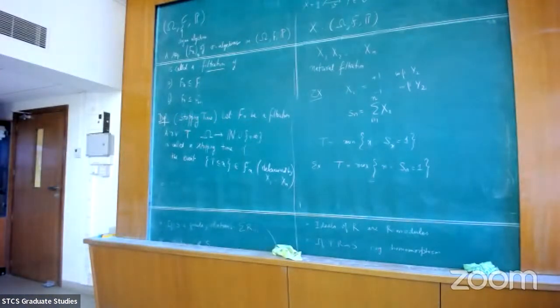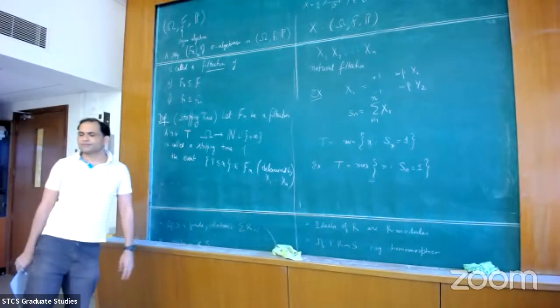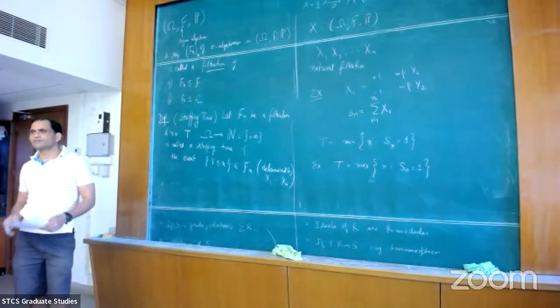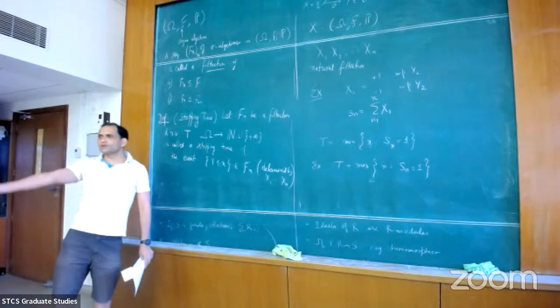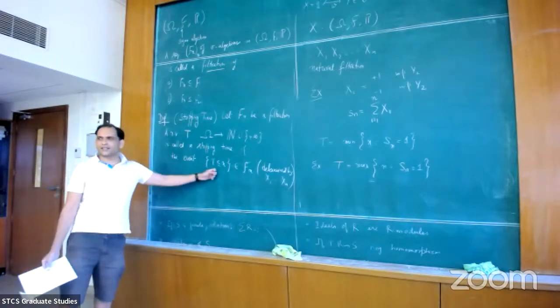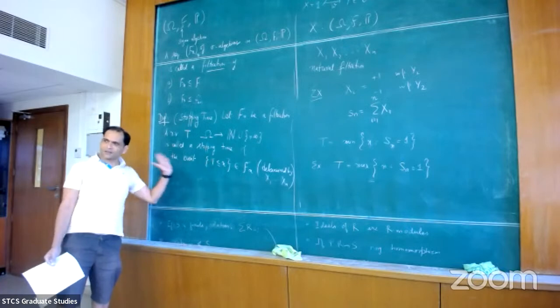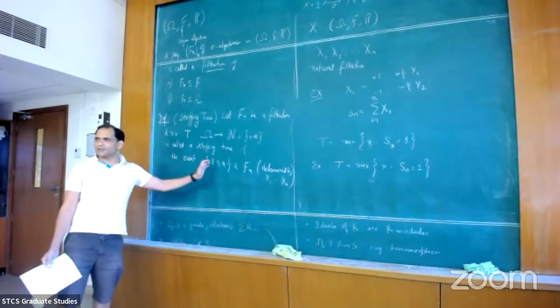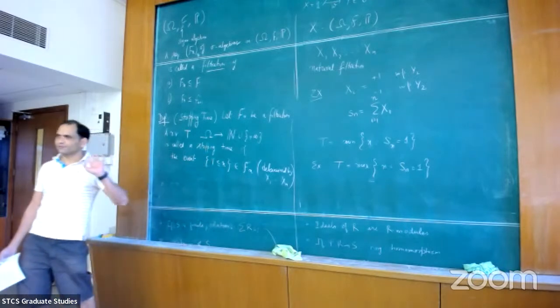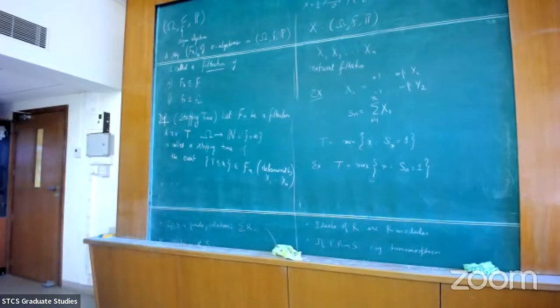I'm looking at this trajectory and looking at the last time at which Sn becomes 1. No, because we never know what will happen in the future. So all this is telling you that looking at the current and the past, you should be able to tell me exactly whether the event is happening. That's the definition of stopping time variables.